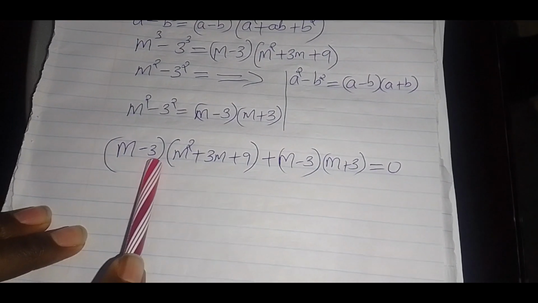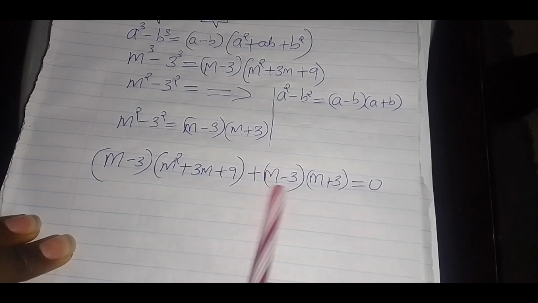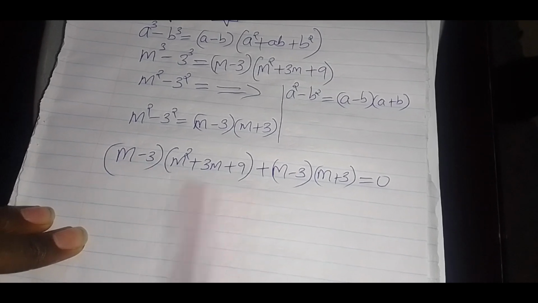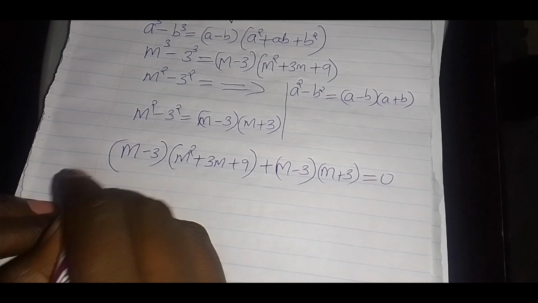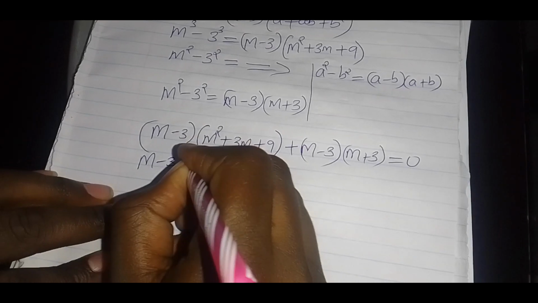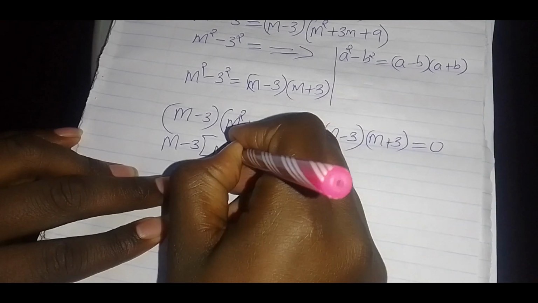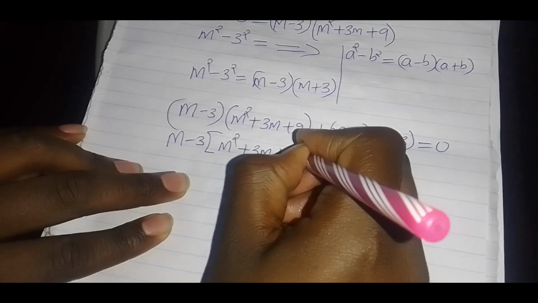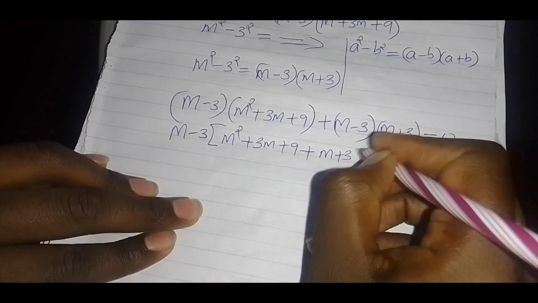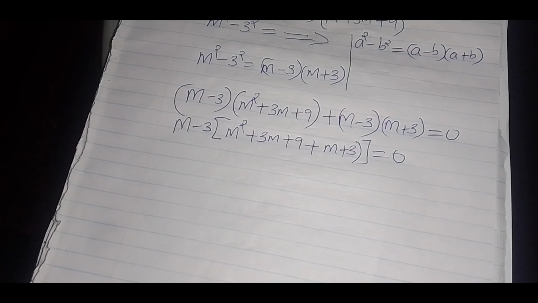Since we have m minus 3 multiplied by m squared plus 3m plus 9, plus m minus 3 and then m plus 3, if you check, m minus 3 is the common value, so we factor out m minus 3. So that we'll have m squared plus 3m plus 9 plus m plus 3, close the bracket, this is equal to 0.